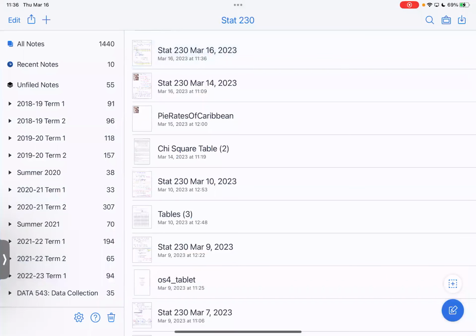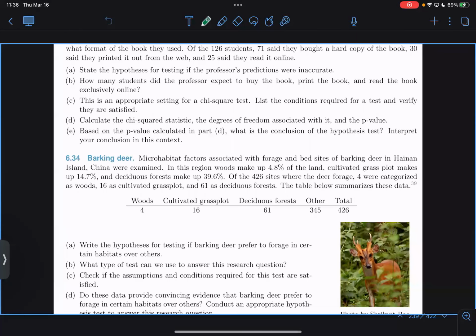Whereas the goodness of fit test, if you were to summarize the information for a goodness of fit test, it would be in a 1-way table, right? And so you have your categories here and you have your counts for each of those categories, but there's no second variable, right?